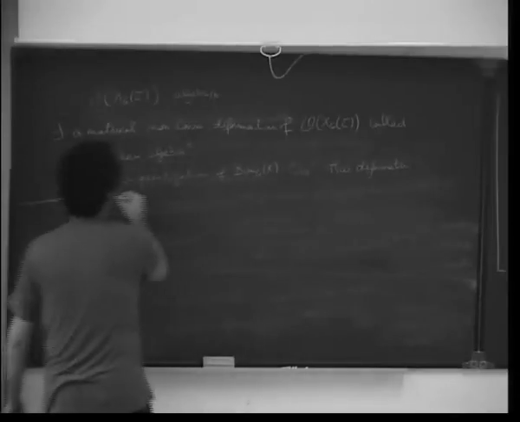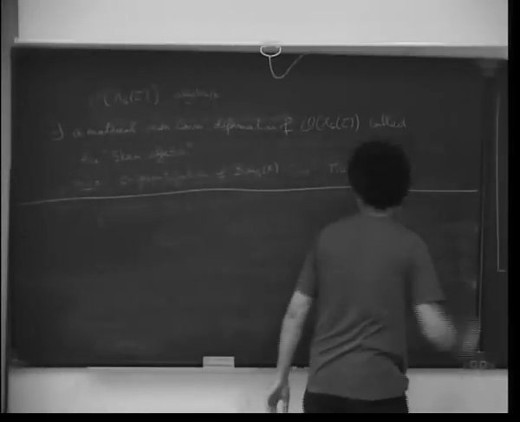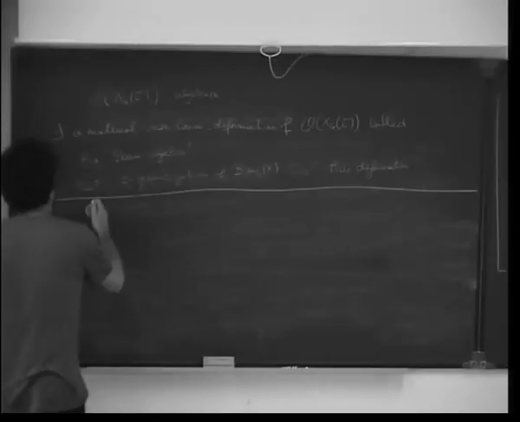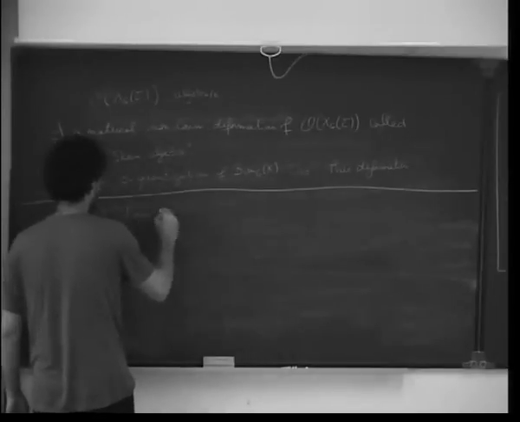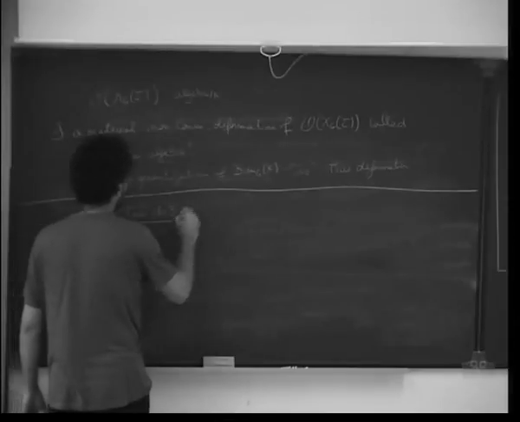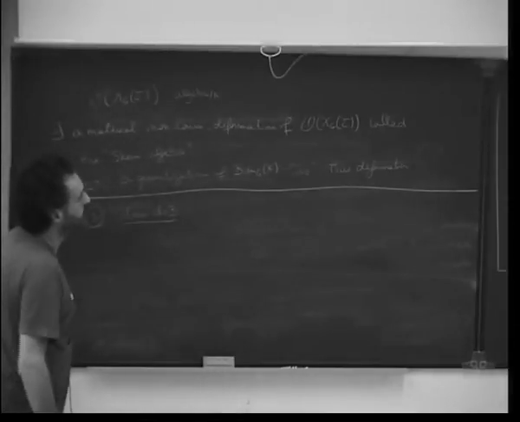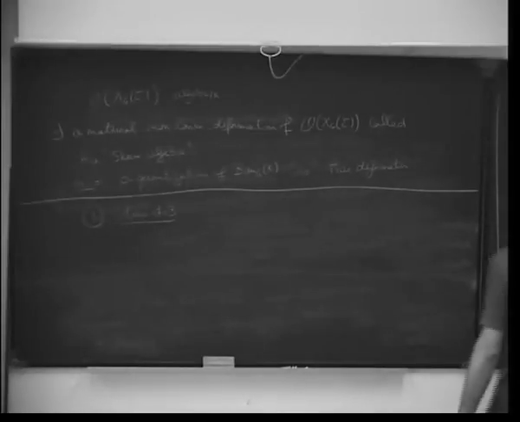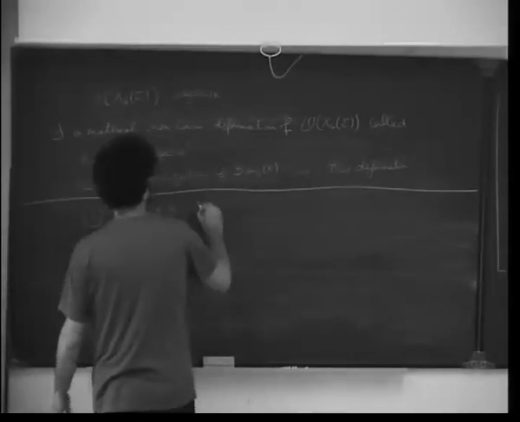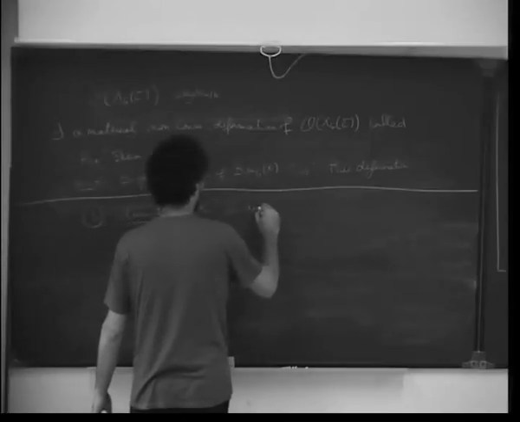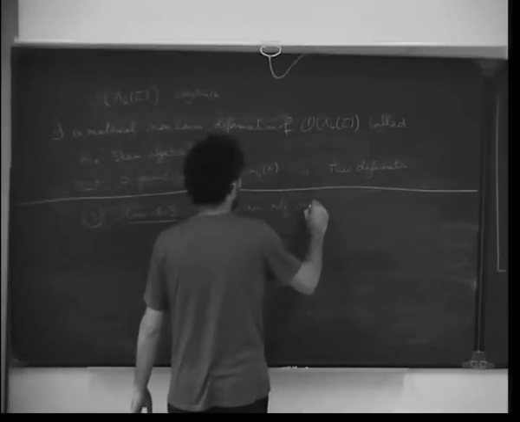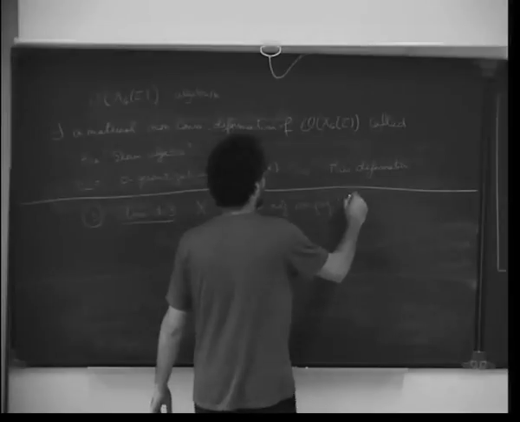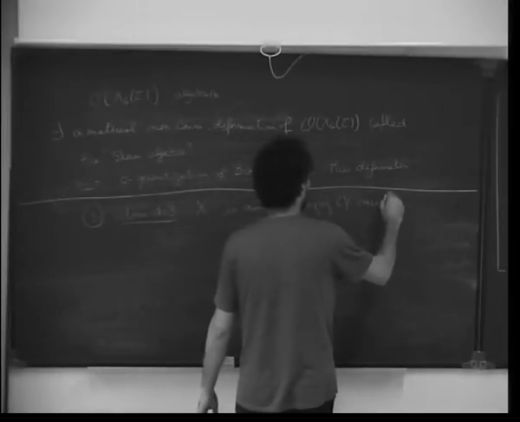Okay, now let's say something about dimension 3. And let's take this case just to change. So I will assume that X is an algebraic smooth projective Calabi-Yau variety of dimension 3.